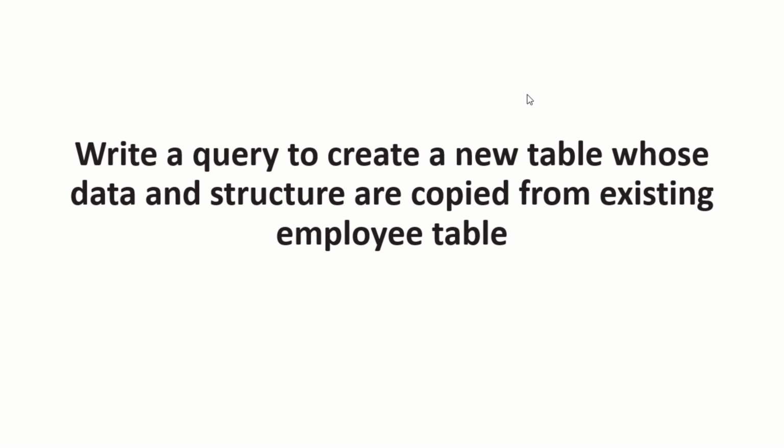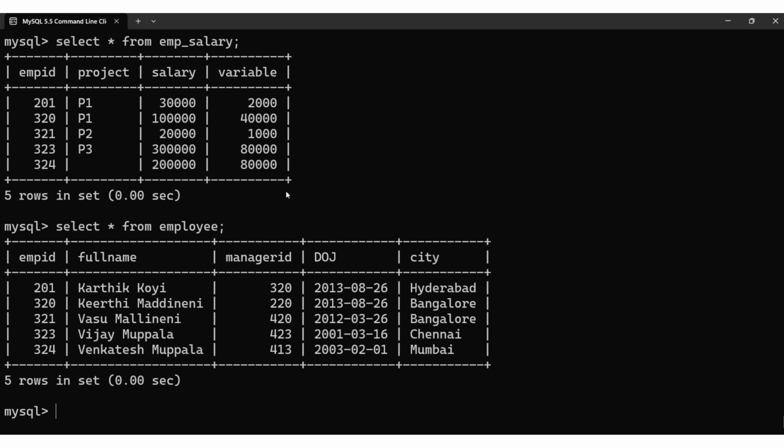The next question is write a query to create a new table whose data and structure are copied from existing employee table. So I have employee table, right? For this employee table, I'm just going to create another duplicate table, same as it is, with the same structure and the same data.